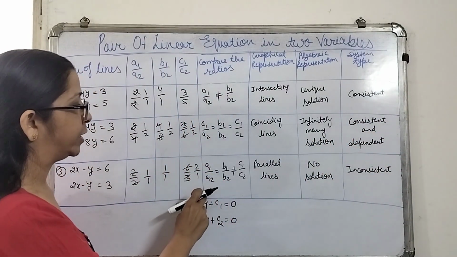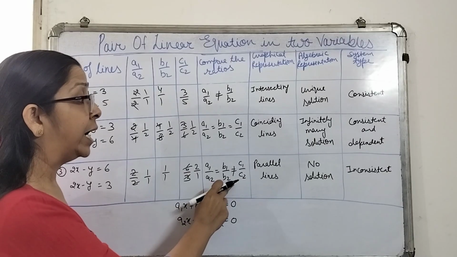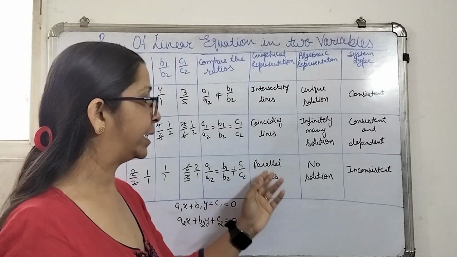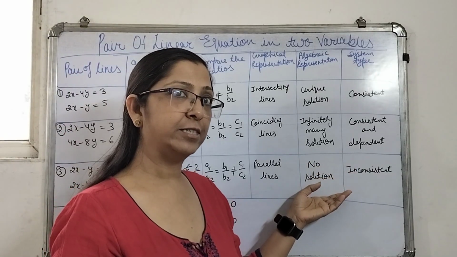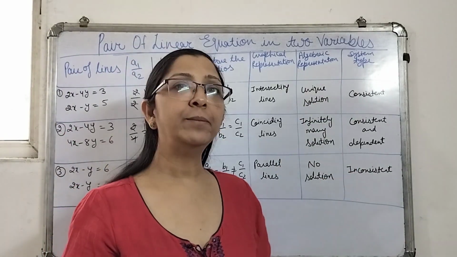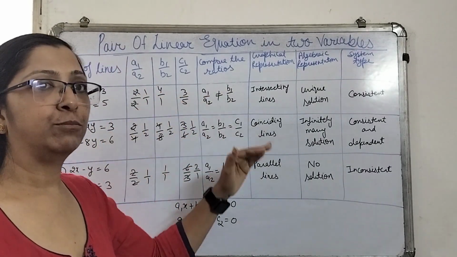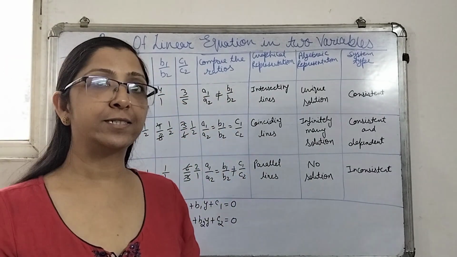Similarly, if a1 over a2 is equivalent to b1 over b2 and is not equivalent to c1 over c2, then these lines will be parallel lines. They won't have any solution, and their system type will be inconsistent. So simply by comparing the ratios, we can conclude all these things.